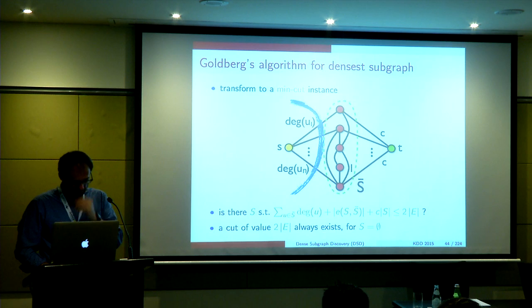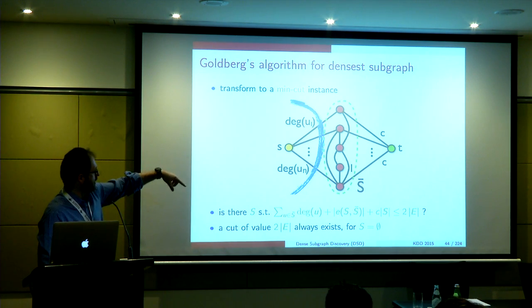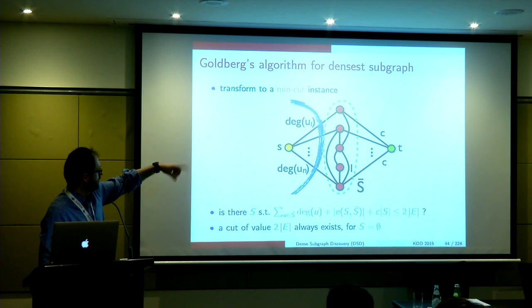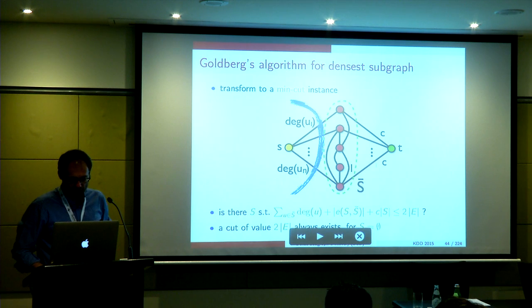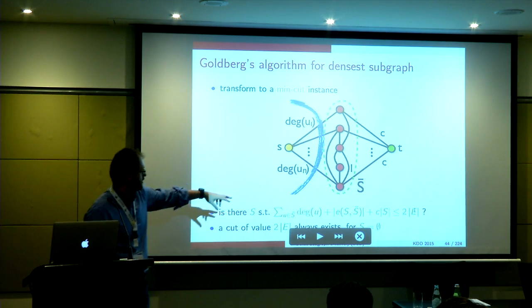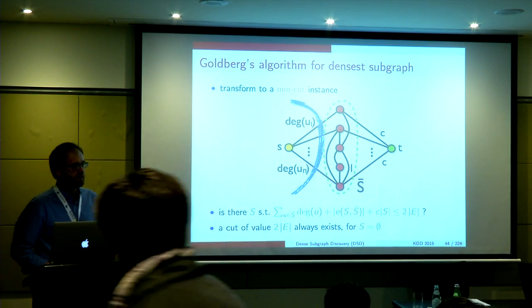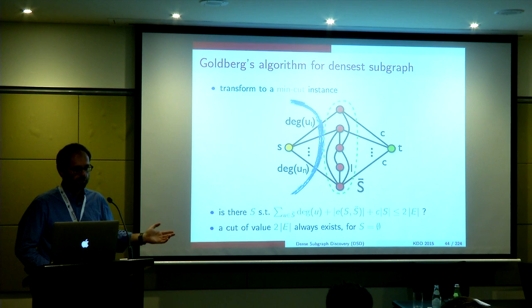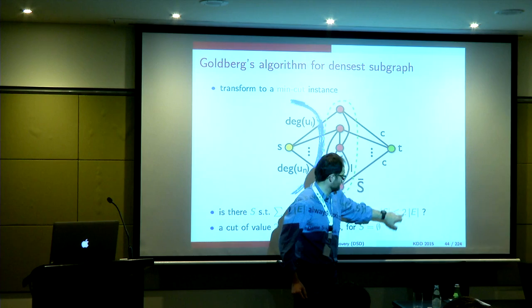The first thing that you notice is that this graph here has a cut that has a value exactly 2 times C, right? Remember that the sum of degrees on a graph sums up to 2 times the number of edges. So this value here is always a cut.